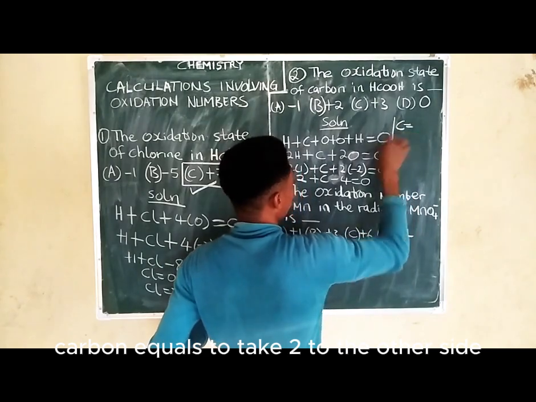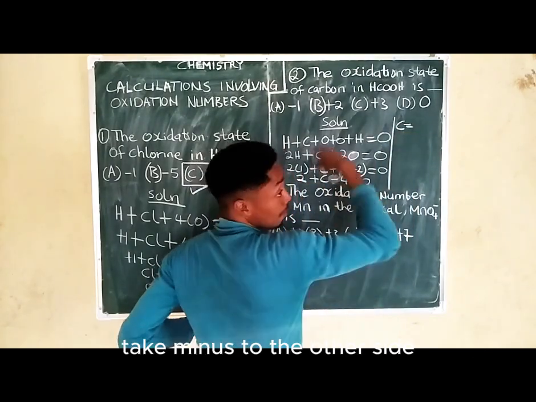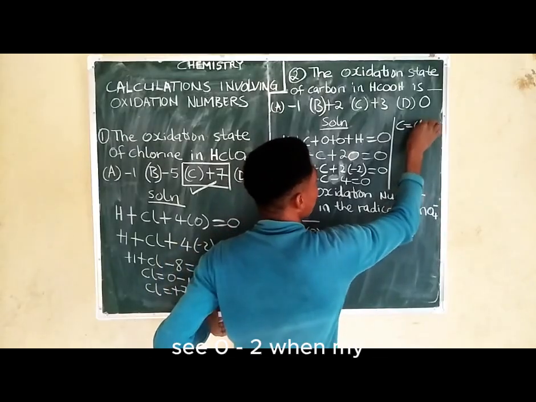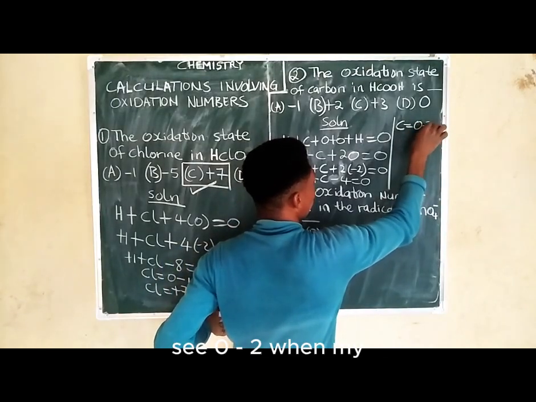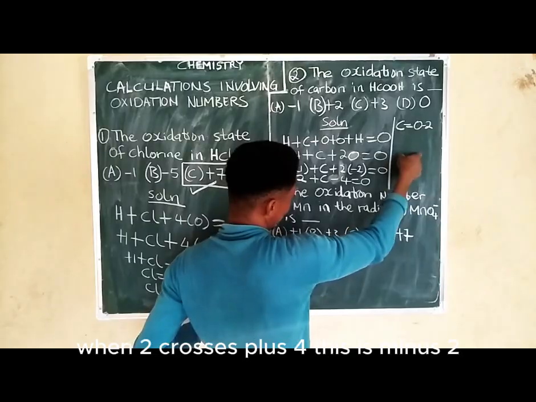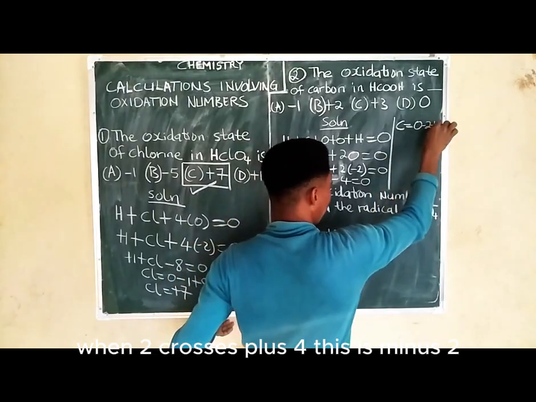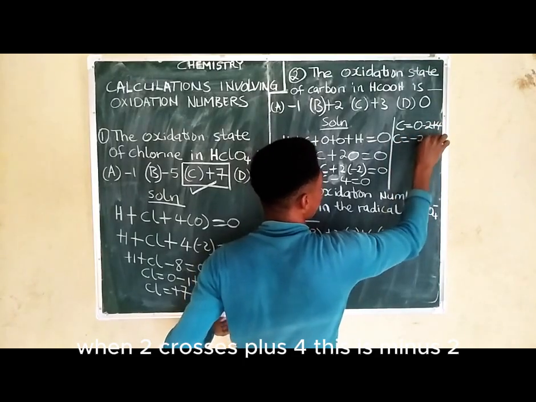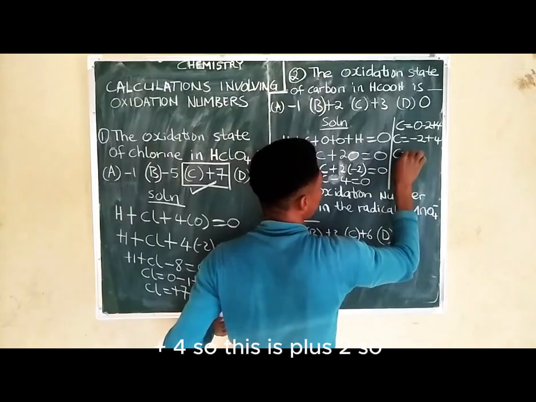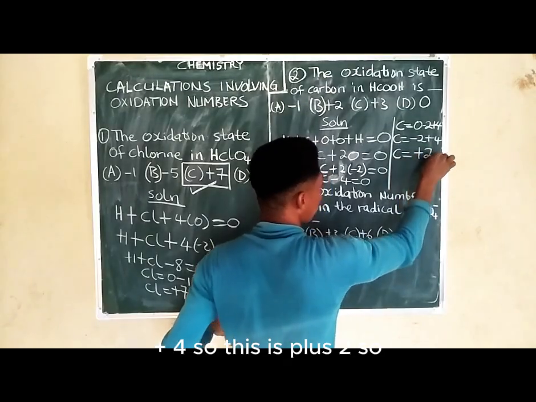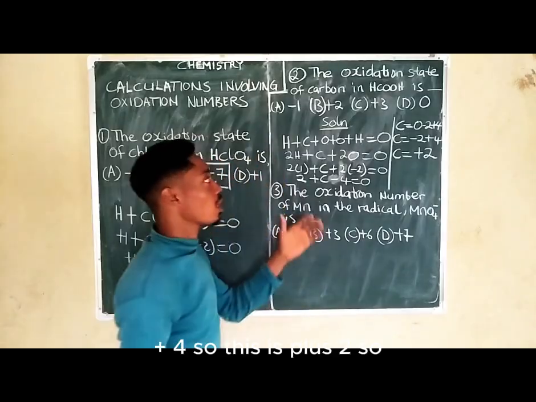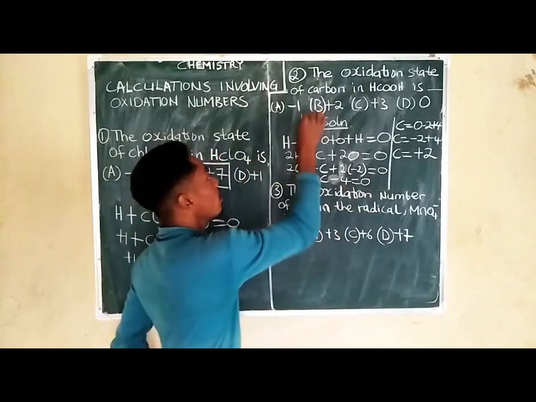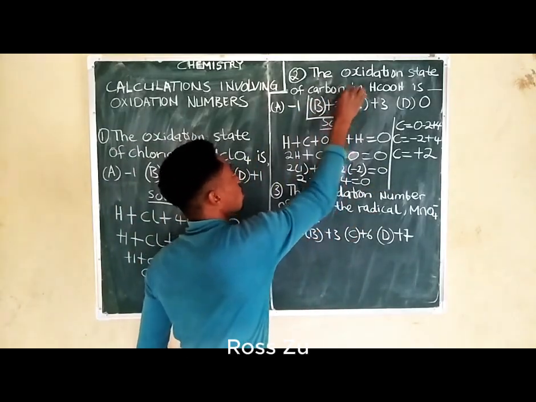Carbon equals, take 2 to the other side, so it's 0 minus 2, and when -4 crosses, plus 4. This is minus 2 plus 4, so this is plus 2. So the oxidation number of carbon here is plus 2.